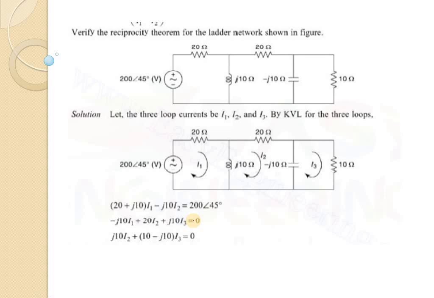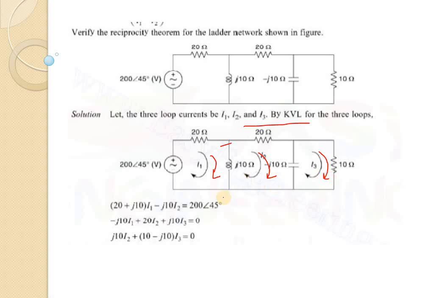Now we have to verify the reciprocity theorem. For verifying it, we take help of Kirchhoff's voltage law, KVL. So we have formed three loops, with current I1 in the first loop, I2 in the second loop and I3 in the third loop.